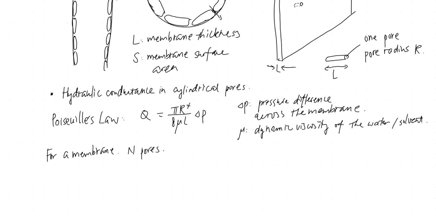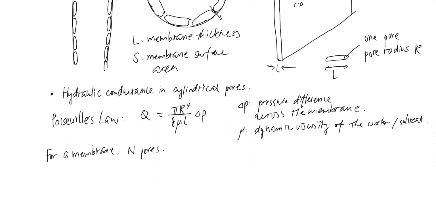So this Q, what I wrote above, is the Q across one pore. If you have n pores, then n multiplied by this Q would be the total volume flow rate across the membrane.